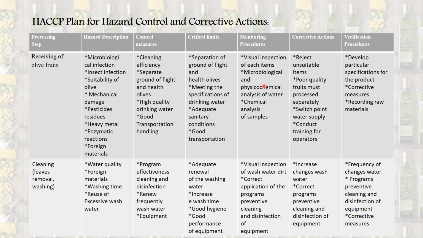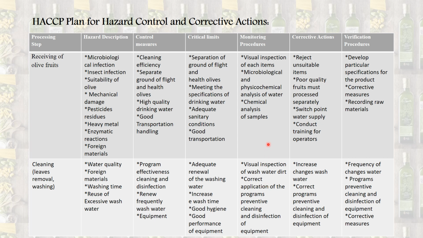The monitoring procedure of the receiving olive is done by visual inspection of each item, chemical analysis of the sample, and microbial and physicochemical analysis of the water, and the same with the corresponding steps in the following steps.